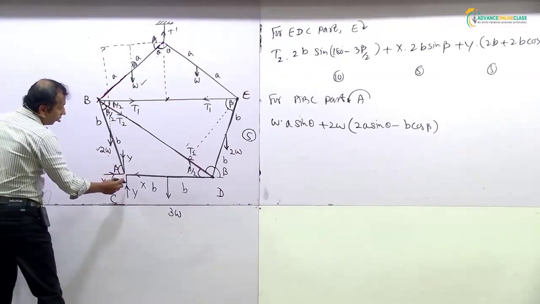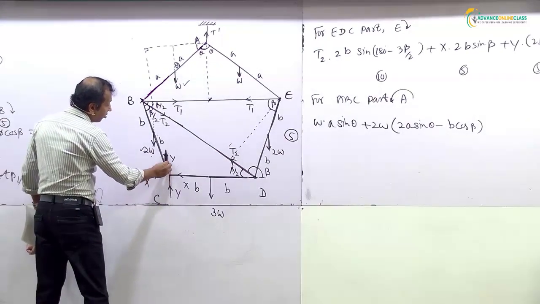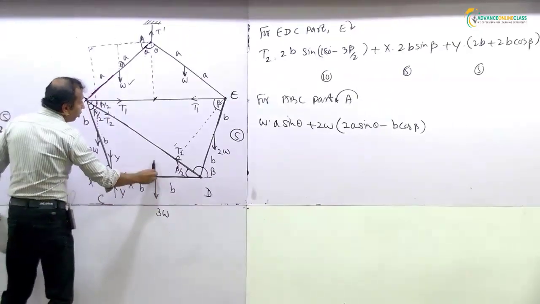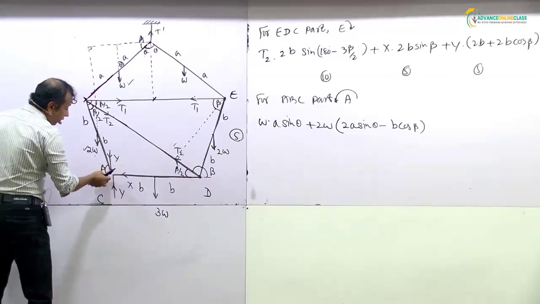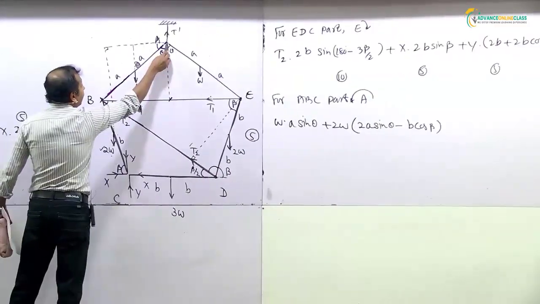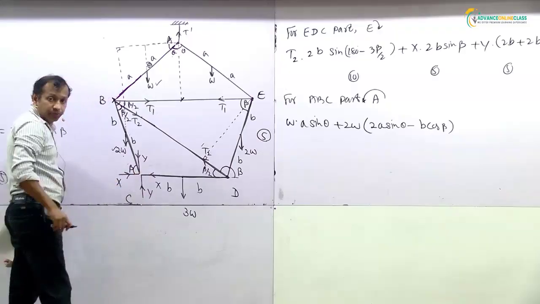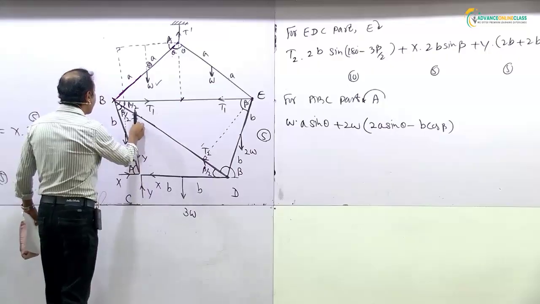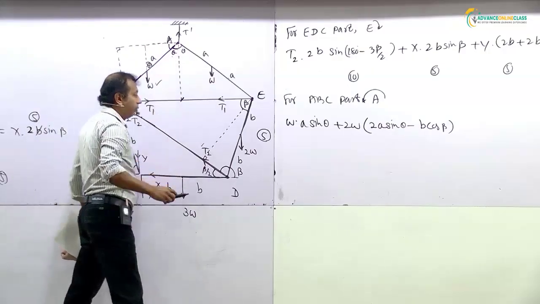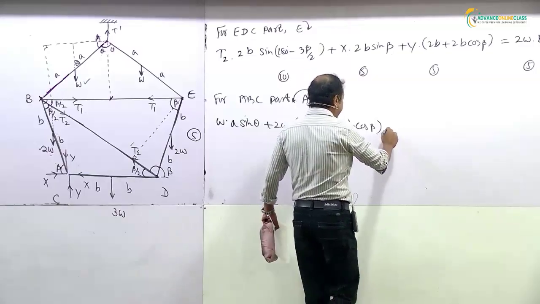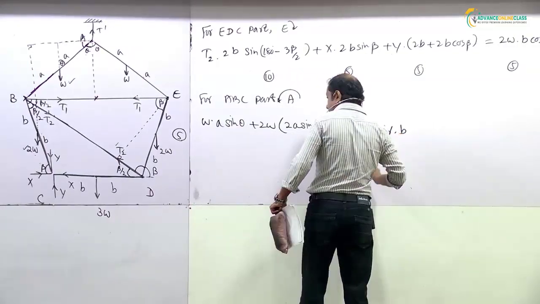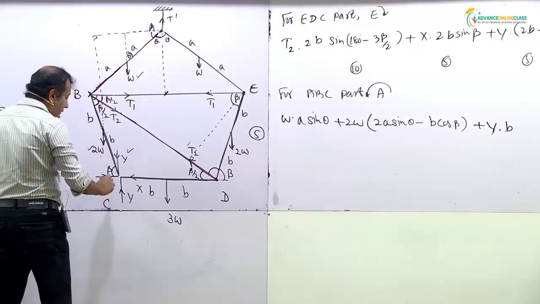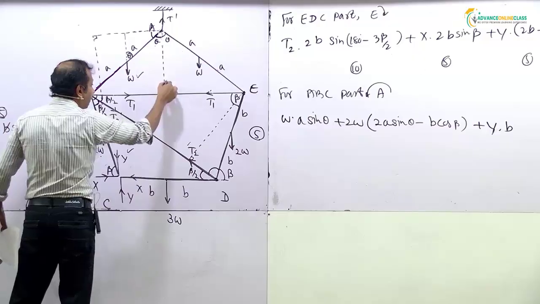By this Y, tell me, what distance when you produce this way? This 3W is going through the point A. And then the distance to this Y from this A is this distance B. Y into B. So when I produce this way, the length is B. Y into B. This Y also we consider. Now by this X, this height we need.